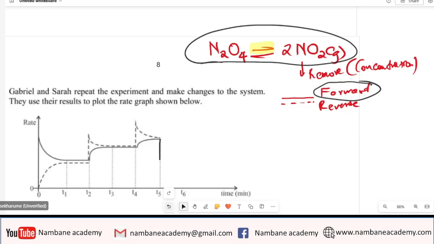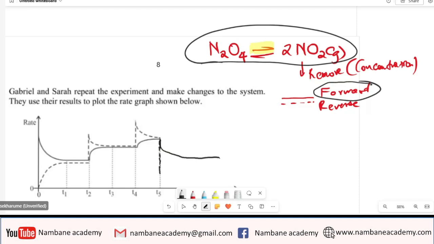The one that is favored will decrease less. So the one that is favored will decrease less, which is the forward, or it's a solid line. So this one is a dotted line. The one that is favored will decrease less.